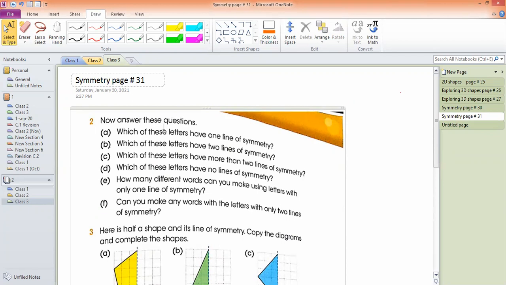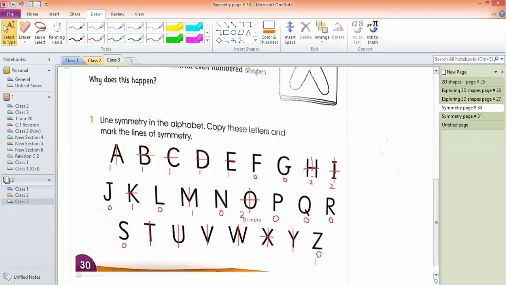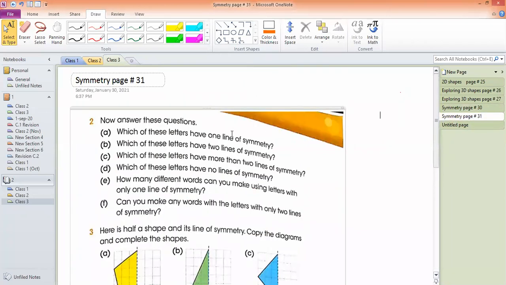Now answer these questions. Which of these letters have one line of symmetry? Coming back to page number 30, check which letters have one line of symmetry. You have already written 1, 0 or 2 in the alphabets and you have already checked the line of symmetry. Now check in these alphabets and write the answer of page number 31, question number 2a.